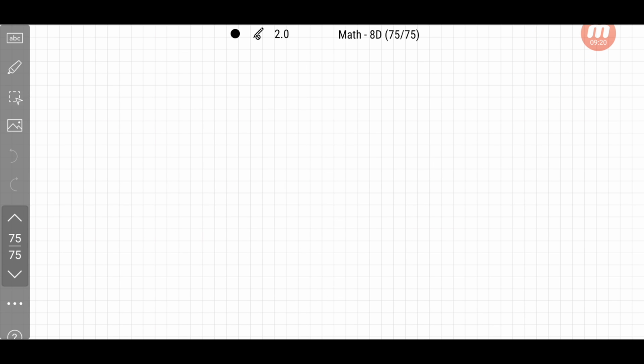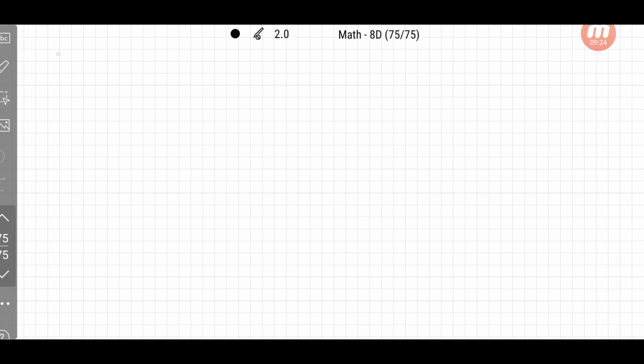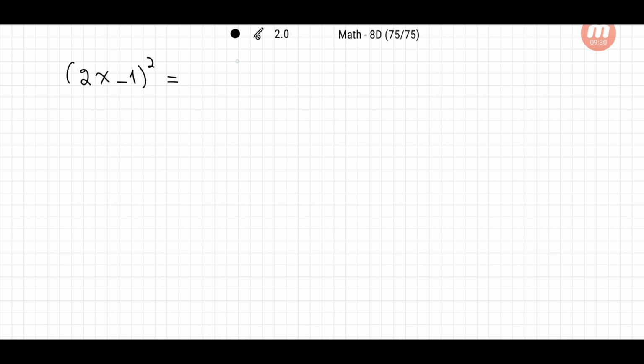For the final exercise, I have: solve (2x minus 1) squared equals (x plus 3) squared. How to solve it? I take all my terms to one side and I make it equal to 0. So (2x minus 1) squared minus (x plus 3) squared equal to 0.